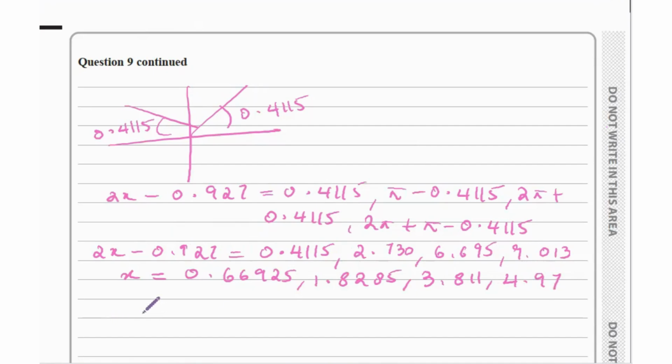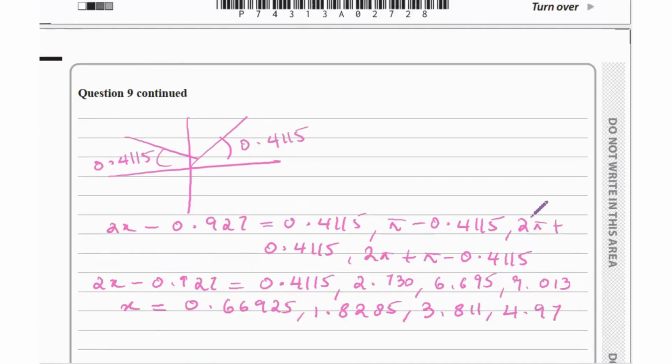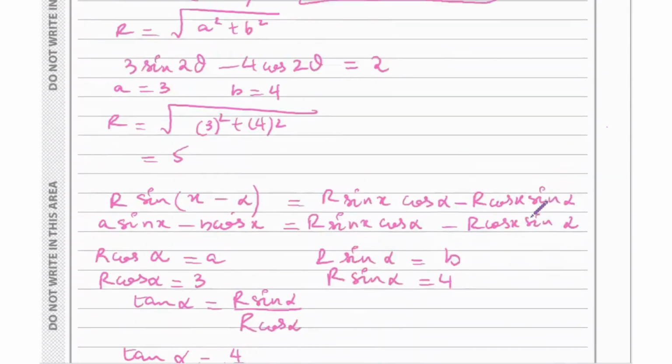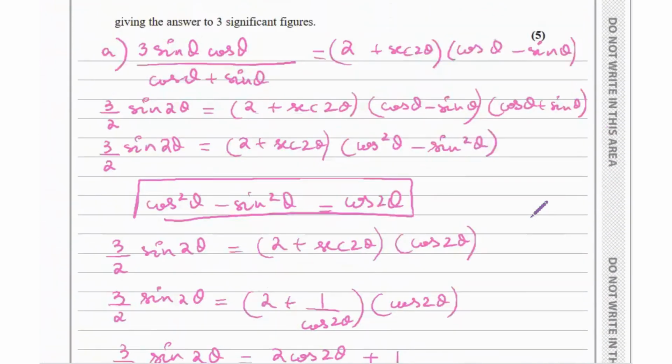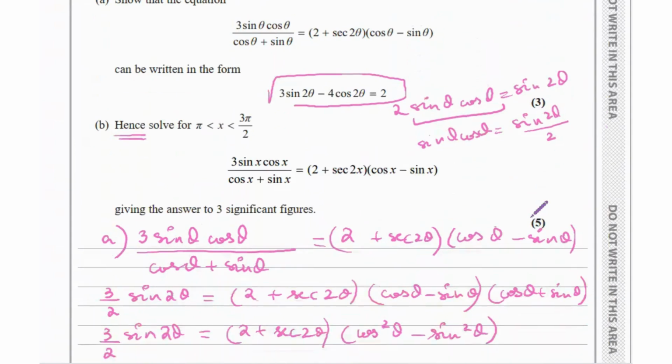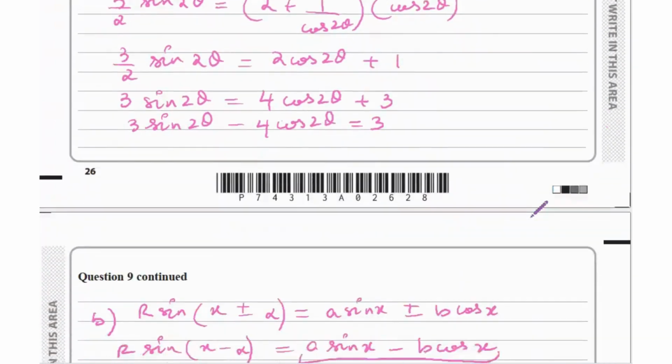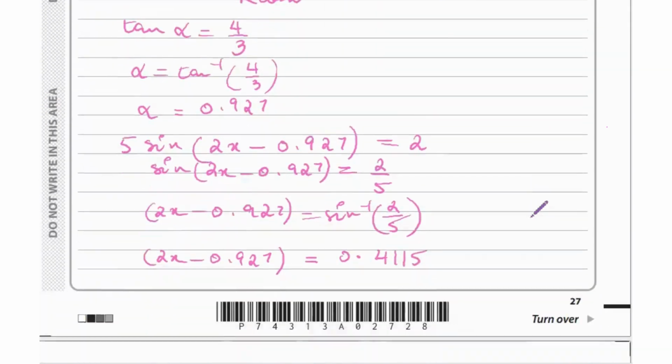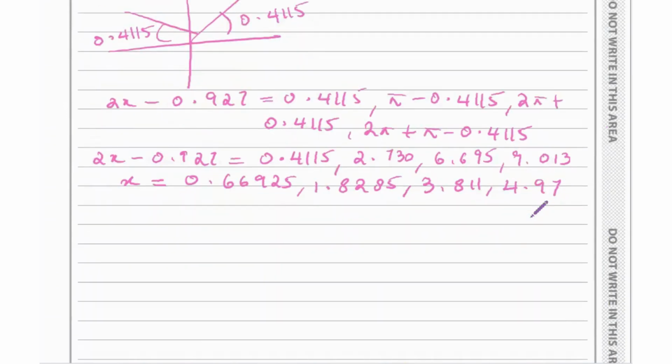So if we go back to our limit, it says it has to be between pi and 3 pi by 2. So the value that's going to be between pi and 3 pi by 2 is not the first two values because they're all less than pi.